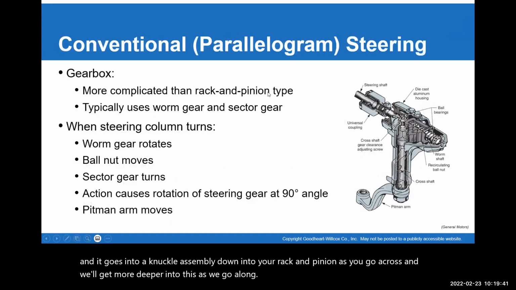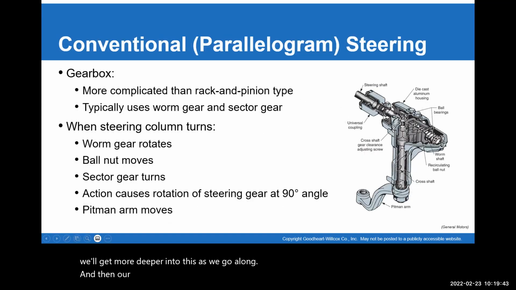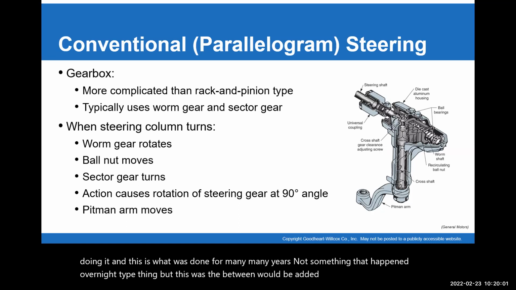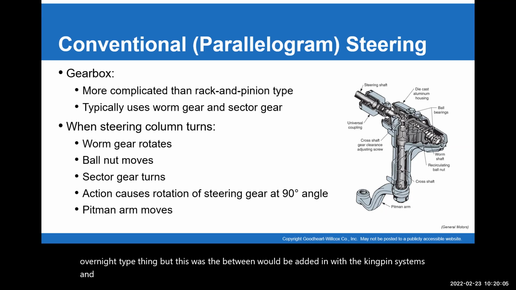And then our old conventional steering boxes, which, again, this is just one way of doing it. This is what was done for many, many years. Not something that happened overnight, but this would be added in with the kingpin systems, and also with the short arm, long arm type systems.